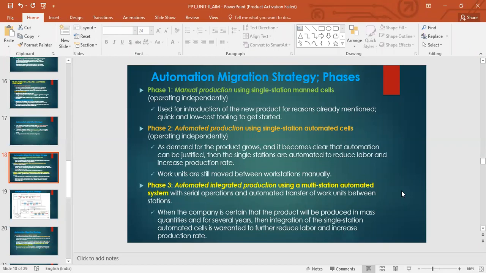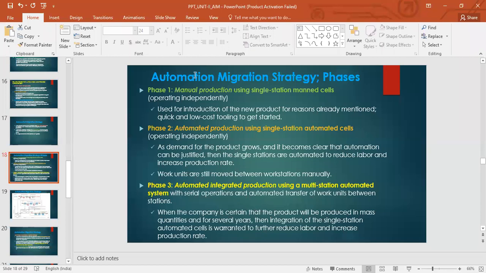That way you can have mass production even greater than the second phase. That will increase the production rate and reduce the labor, because the complete work handling is now automated instead of manual. So that's the last phase.